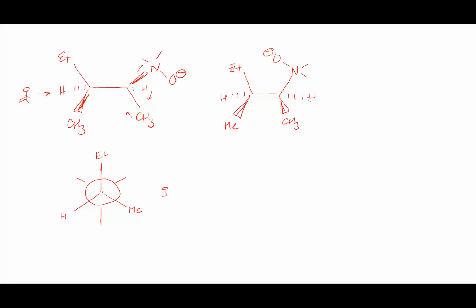Again, I'm looking at this molecule from over here to get this structure, and looking down is what gives me this. On the front carbon, the methyl group is in the plane. The nitrogen is in front, and the hydrogen is in the back. Okay, so there's the Newman projection.